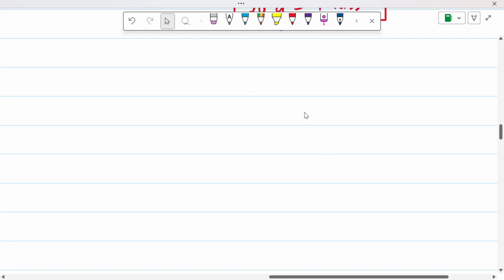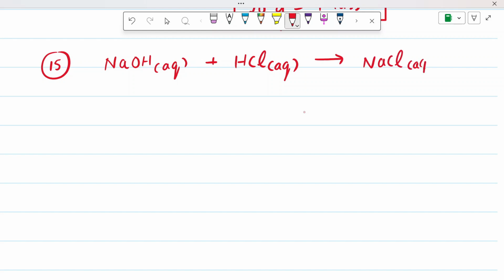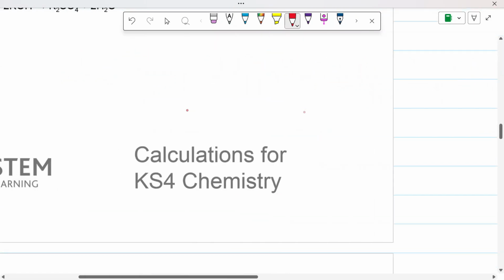Okay, let's try this question. Question number 15. So we have sodium hydroxide, NaOH, reacting with hydrochloric acid, HCl, to produce sodium chloride and water. Right? Now, from the data, what is being given to us?